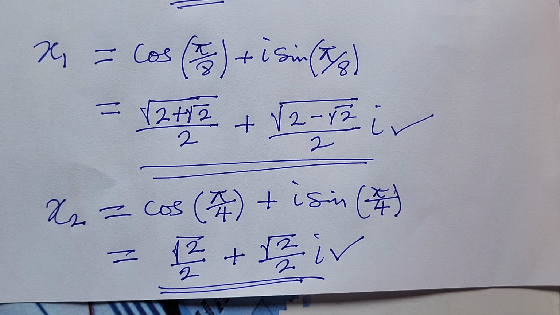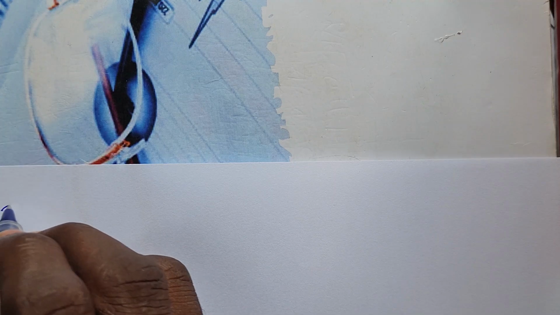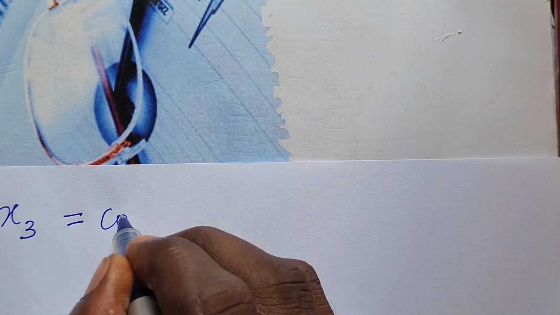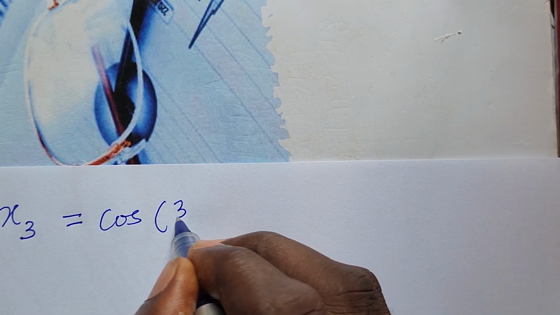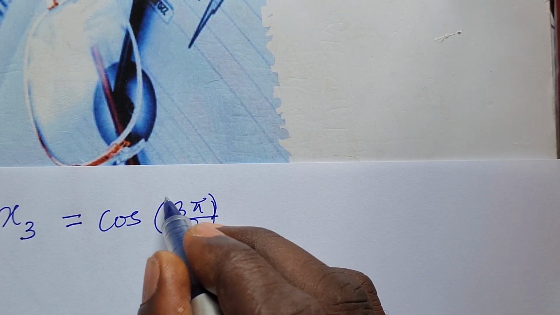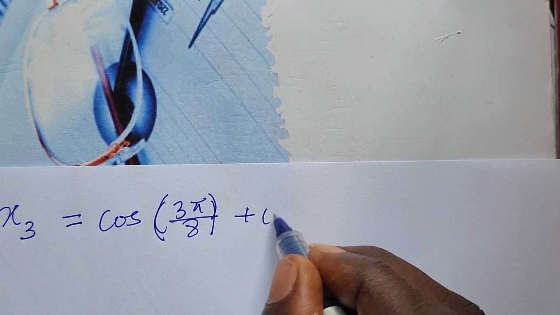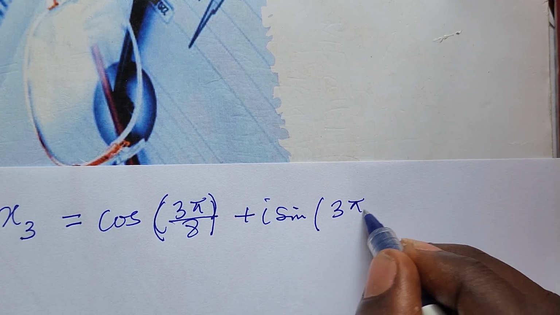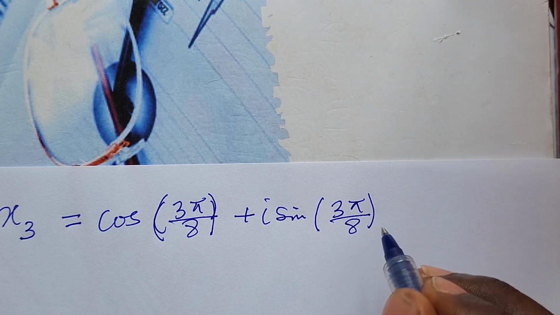So let's go ahead and look for the fourth root. Our x subscript 3 will give us cos(3 pi/8) plus i sin(3 pi/8).